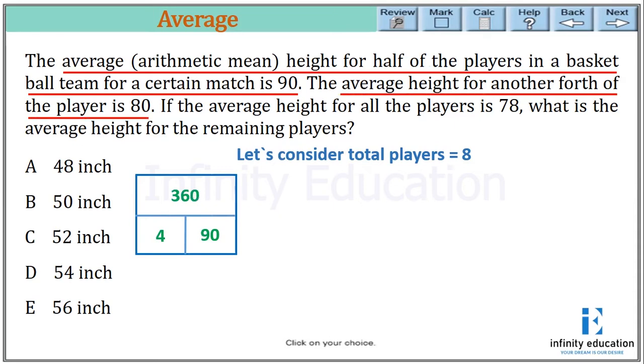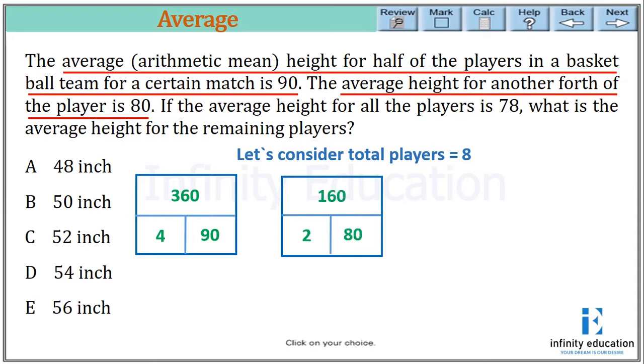The average height for another fourth of the players is 80. So another fourth, that means 1 by 4. So 1 by 4 of 8 is 2. So I can make the next average box. So 2 players having the average of 80. So the total height for the 2 players should be 160.